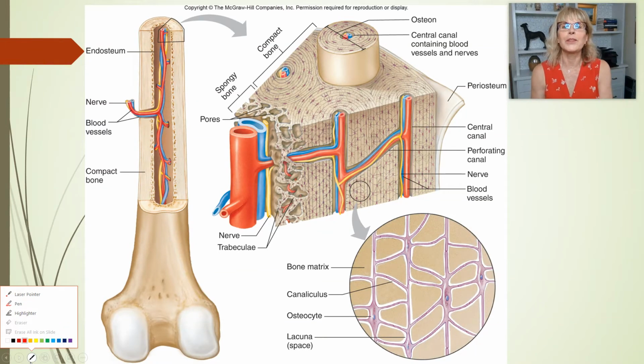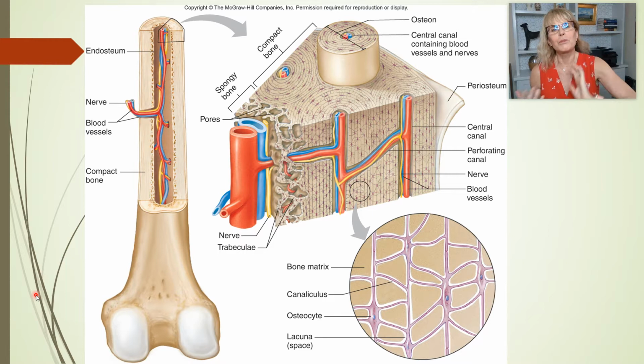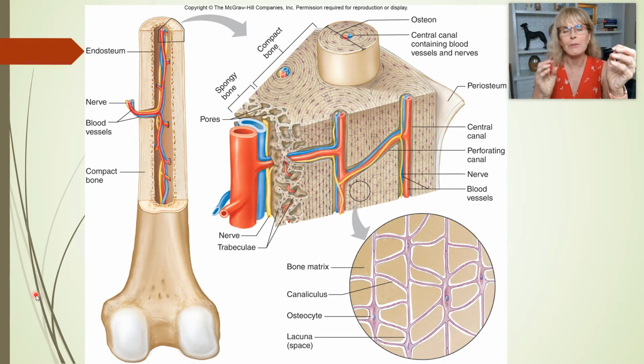Now we know that there are living cells inside of bones, and that cells called osteoblasts built this stuff called matrix, and then they got stuck inside of it. And once they got stuck, they turned into osteocytes. As osteocytes, they're going to monitor that bone and maintain it.